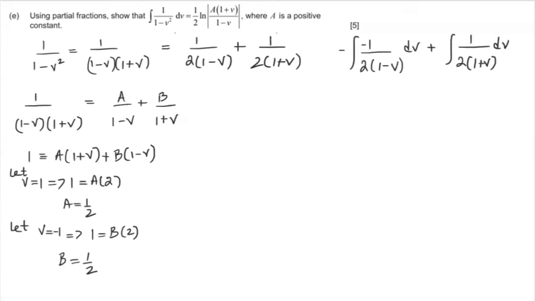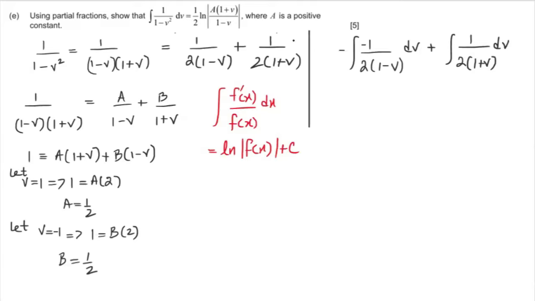I'm using the idea, let me just show you, that if you have a function in the denominator and its derivative in the numerator, you can simply write the integration as ln f of x plus c. So let's use this idea. Put a line over here. This will turn out to be negative ln of 1 minus v.